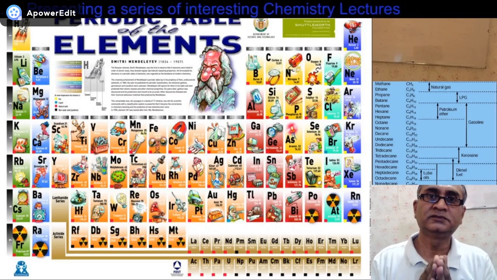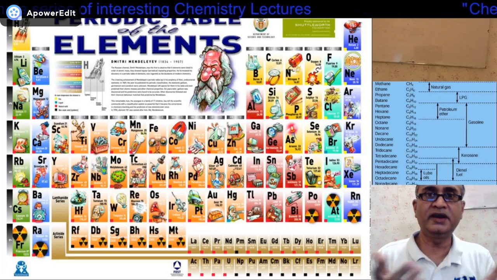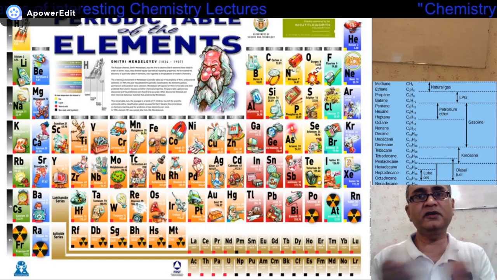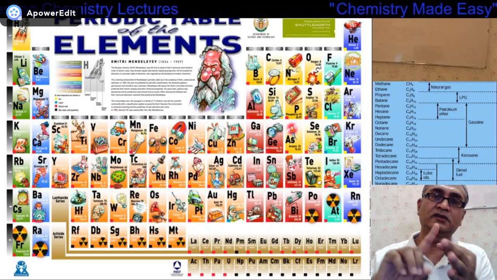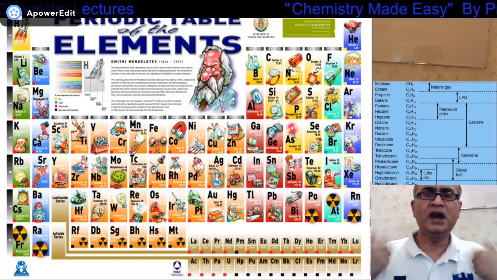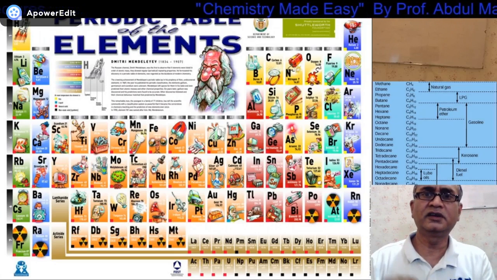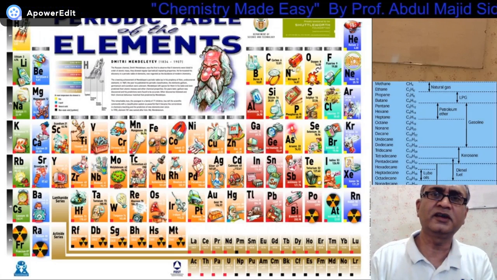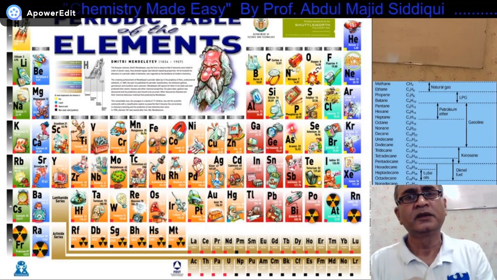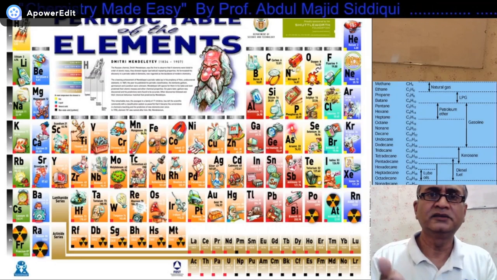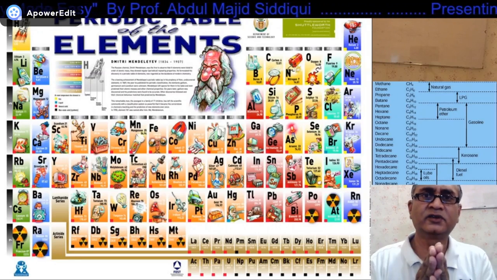Water comprises just two elements, hydrogen and oxygen. Carbon dioxide comprises carbon and oxygen. Glucose has carbon, hydrogen, and oxygen. Our body has carbon, hydrogen, oxygen, calcium, potassium, iron, etc. So each and everything is made up of these atoms.